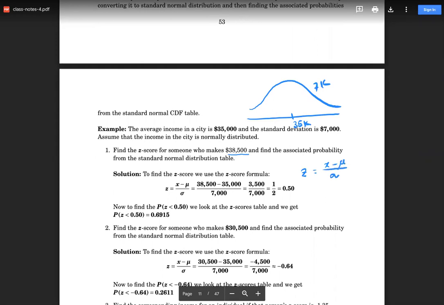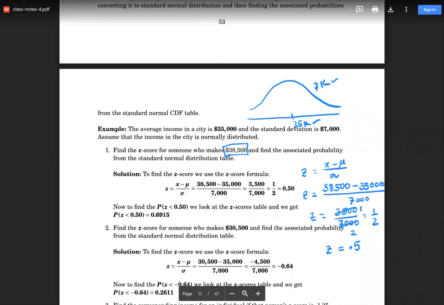X is the data point that we are considering, which is 38,500. 38,500 minus mu, which is 35,000, all of it divided by sigma, which is 7,000. So what is it? 3,500 divided by 7,000. 35,000 going into 7,000 twice. So it's going to be 1/2, or z is equal to 0.5.